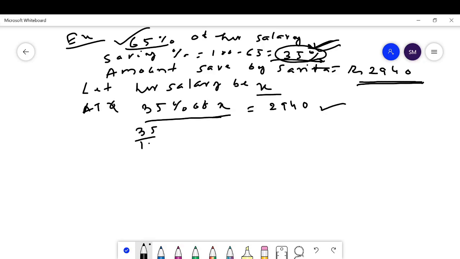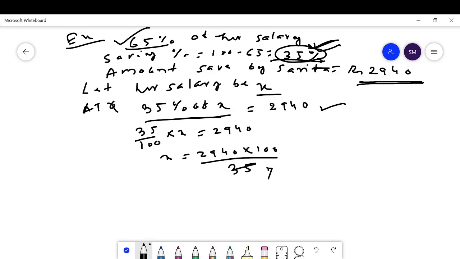35 upon 100 into x is equal to 2940. Then x is equal to 2940 into 100 upon 35. Then here 35 and 7, 7 fives are 35, then 20.